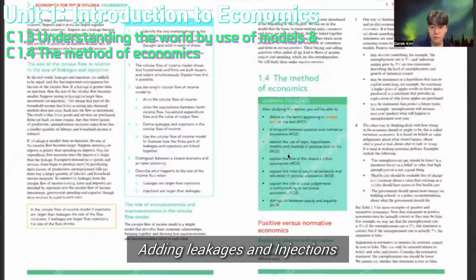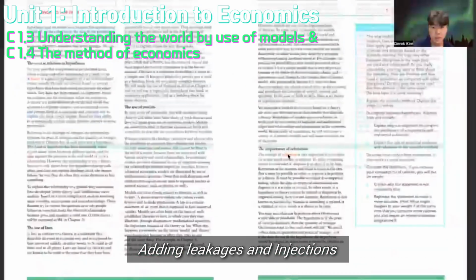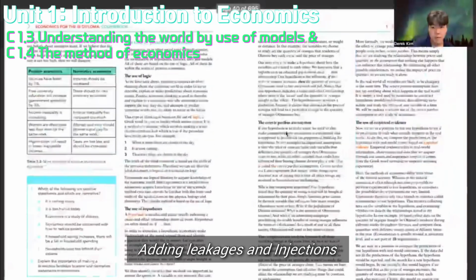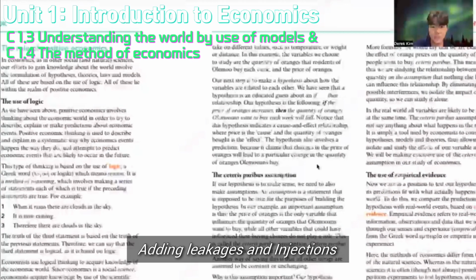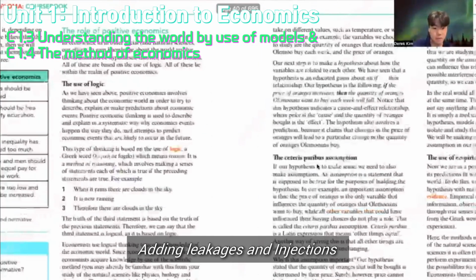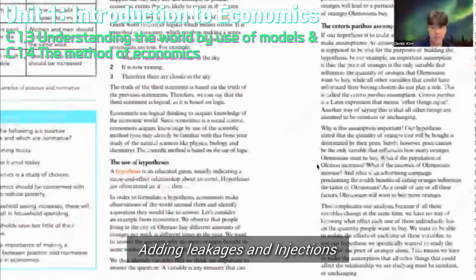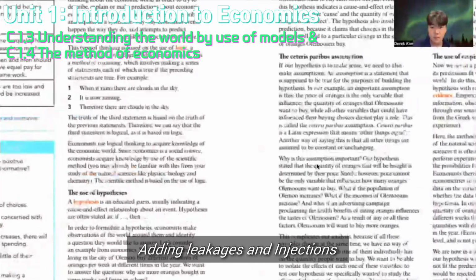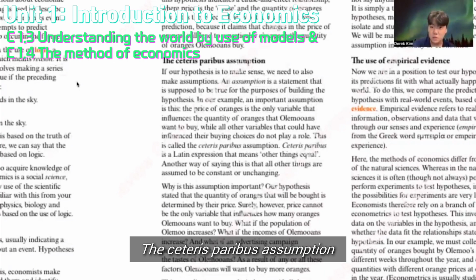Now we will look through this very, very important part. This is called the ceteris paribus assumption. This is when all things are kept equal. So we will read this very important excerpt. If our hypothesis is to make sense, we need to also make assumptions. An assumption is a statement that is supposed to be true for the purposes of building the hypothesis.